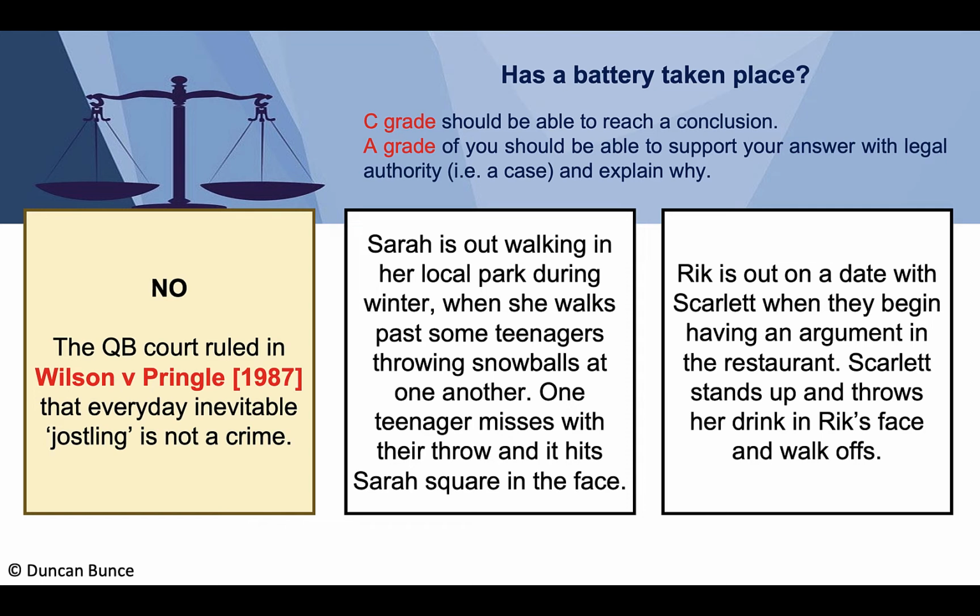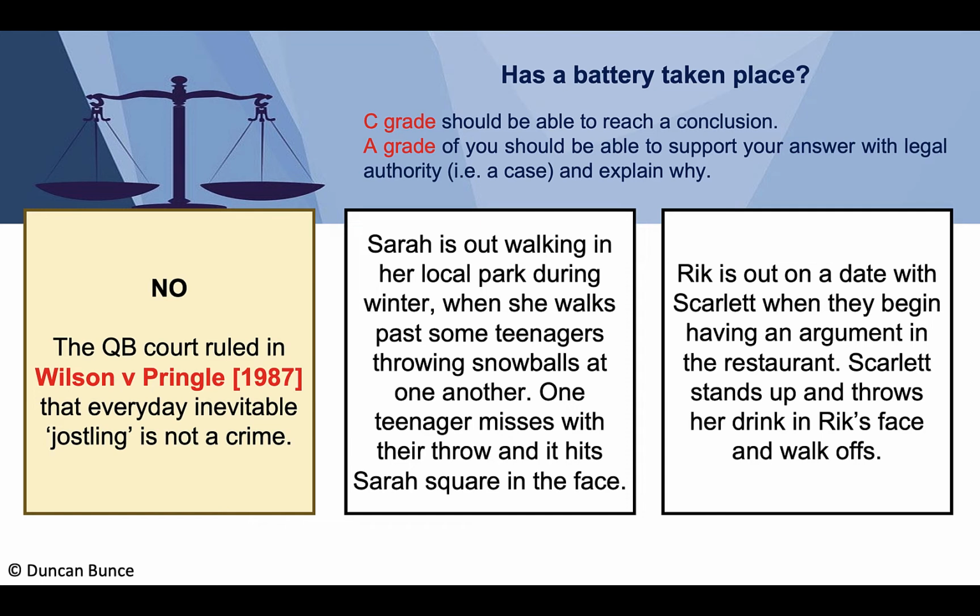Now, it looks like with the teenagers throwing snowballs at one another, the teenager that throws the one that hurt Sarah is throwing it with intent to hit someone else. And so you may well be ahead of me on this if you think back to our previous topic of mens rea.